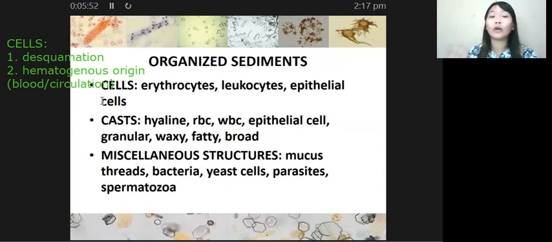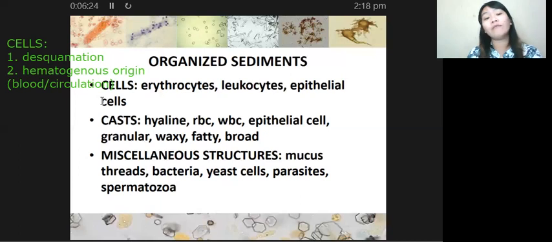So another organized sediment which may be present, we have your casts. So there are several forms of your casts depending upon factors which will contribute to its formation. So we have your hyaline cast, your RBC cast, your WBC cast, epithelial cell cast, granular, waxy, broad, and fatty casts. So we will be discussing all of these casts later when we go to that portion.